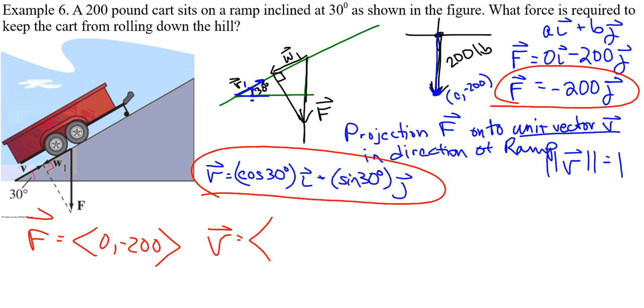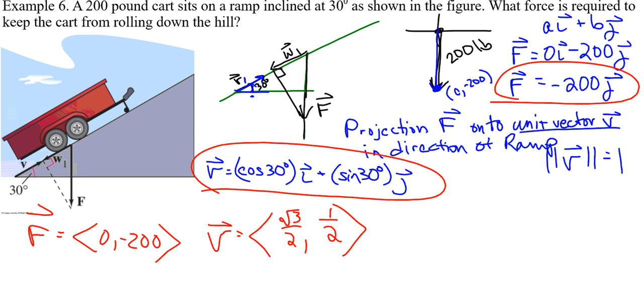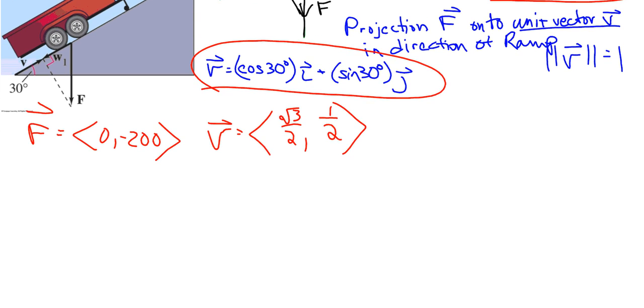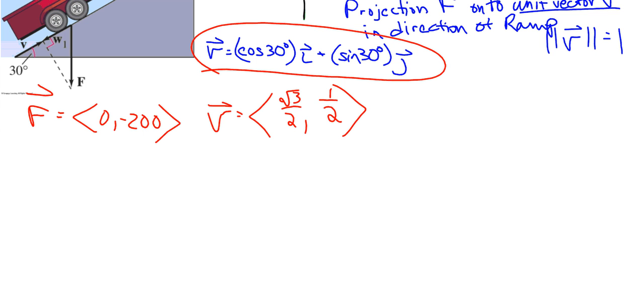What is the cosine of 30? Square root of 3 over 2. And sine 30 then is 1/2. I didn't talk through that, I got a little distracted by the boiler room. And so there's our two vectors.